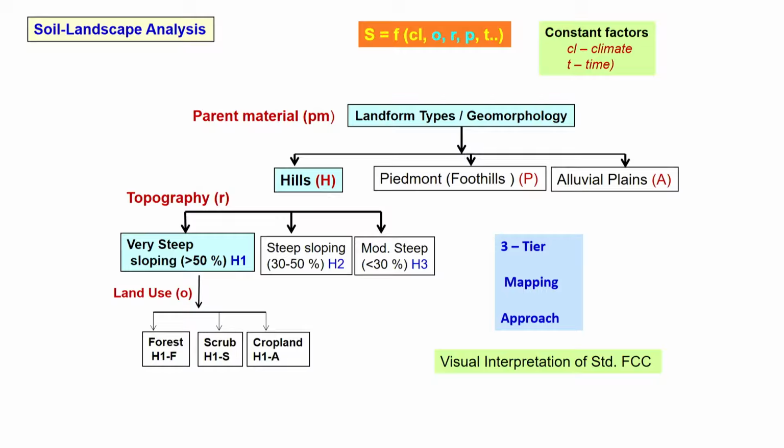Direct reflectance characteristics of the soils don't give you the information on soil, but here you have to do visual interpretation of standard FCC or remote sensing data, and you can prepare a soil landscape analysis map. Still I have not got the information about the soil, only landscape analysis I have done. Unless I visit the area and collect the sample, I cannot attach the soil information, and only then will it be a soil map.